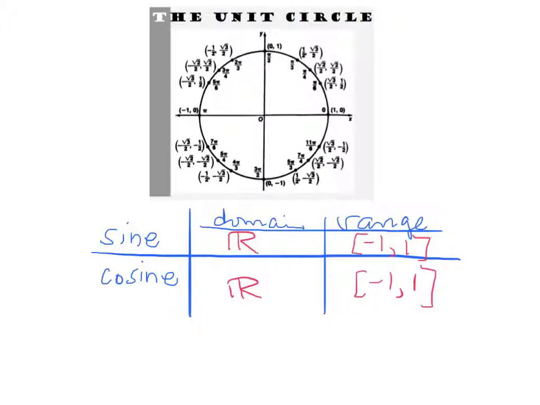For the remaining 4 trig functions, we'll look at those a little bit later, but their domain and range will be different. And we'll learn more about the domain and range of all of the trig functions when we look at the graphs of the trig functions. And that'll be coming up in our next lecture.